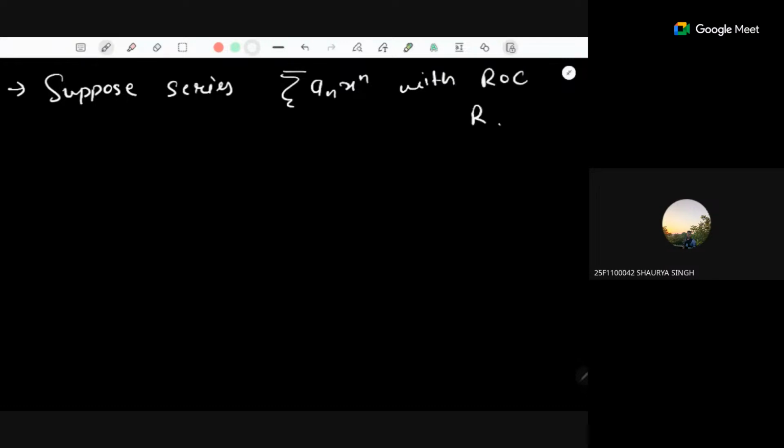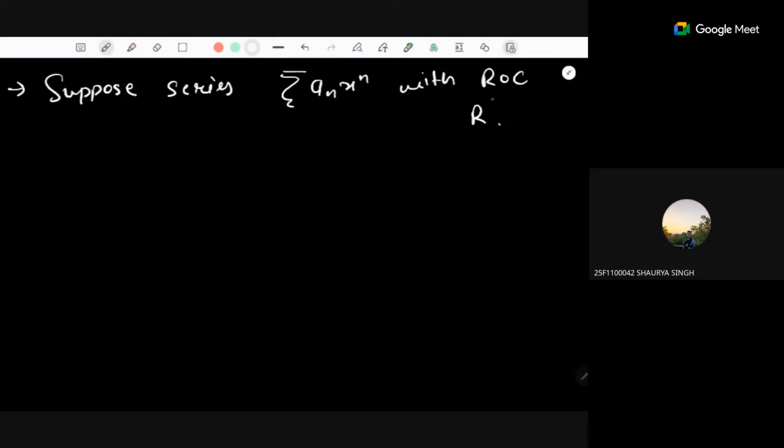Suppose we have a power series, summation a n x to the power n, with radius of convergence r. Using a power series we can define a function by taking the domain to be the open interval minus r to r.